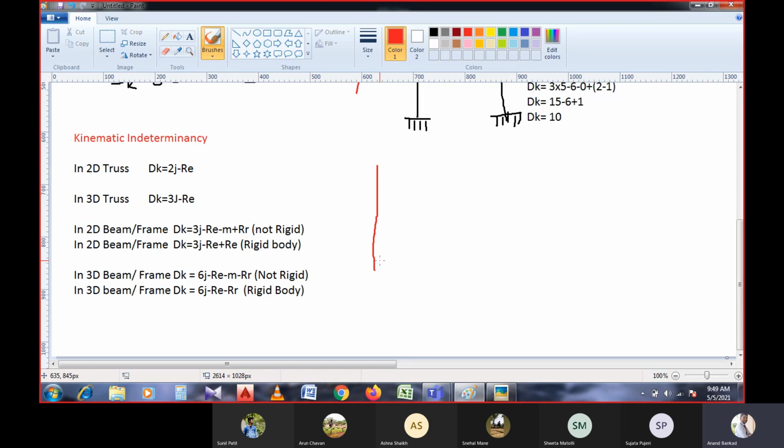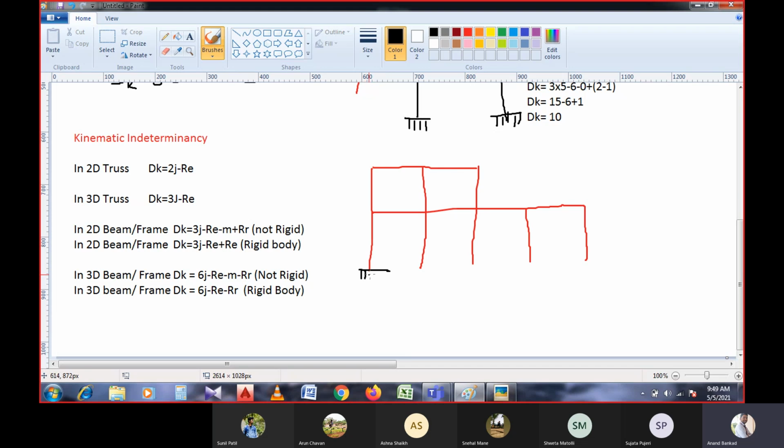So there is a member having the connections in this manner. The support conditions I could give here: one is fixed.